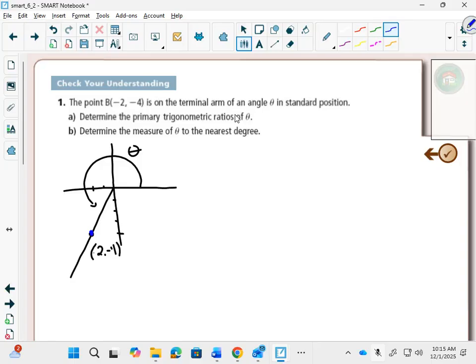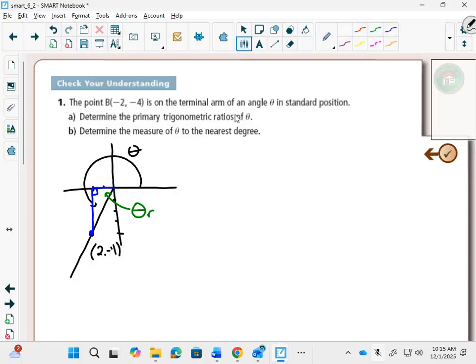Right, we're lazy. Let's go to the closest one. No. We have to make sure that we always go to the x-axis because that's where your reference angle is. Your reference angle always is the angle between the terminal arm and the nearest x-axis.